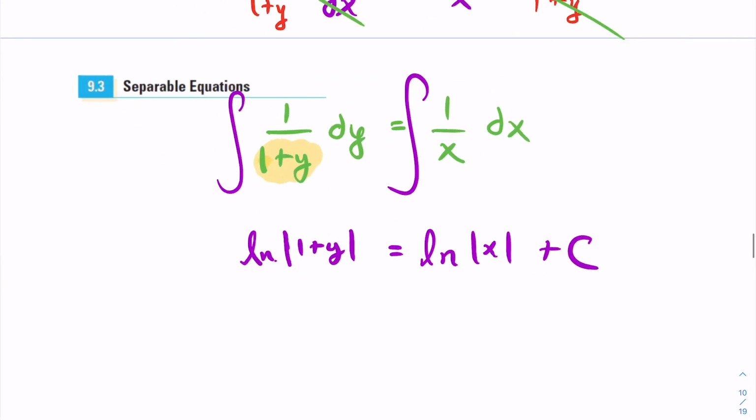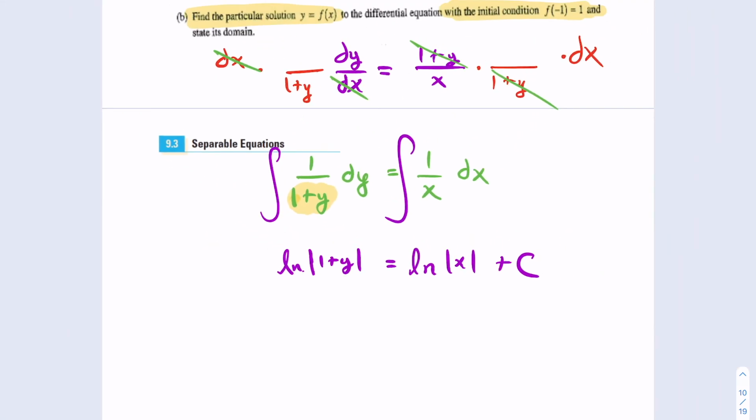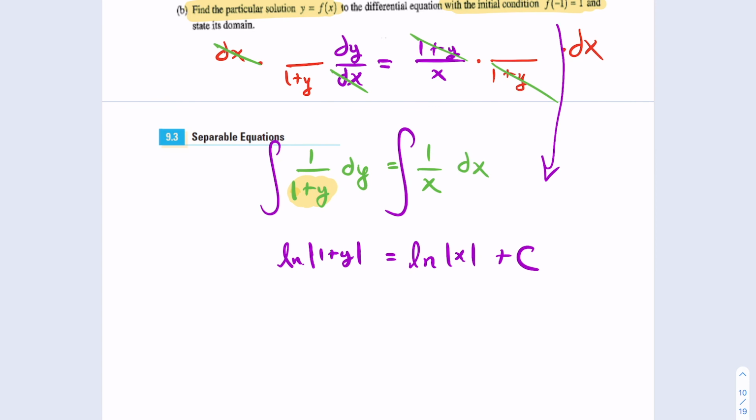We're going to have to find c next. So the point that they gave us was negative 1 comma 1. When I plug that in, I should get the natural log of 2 is equal to the natural log of the absolute value of negative 1, plus c.